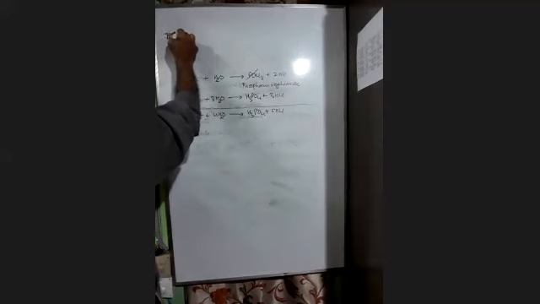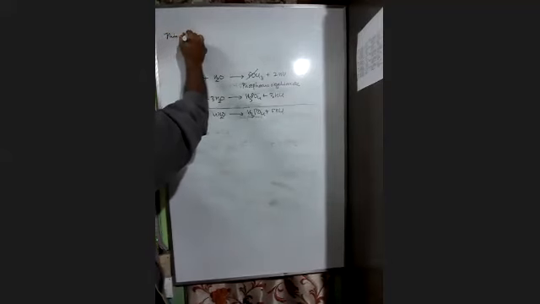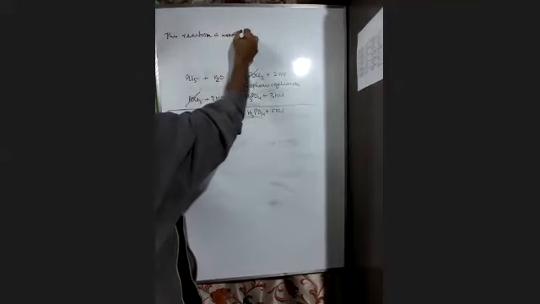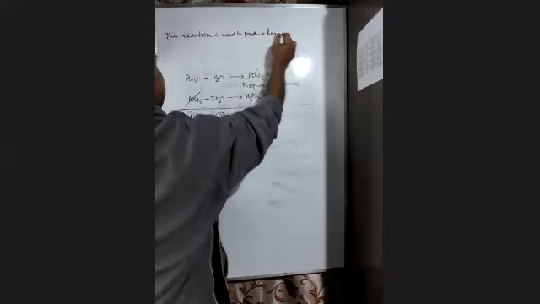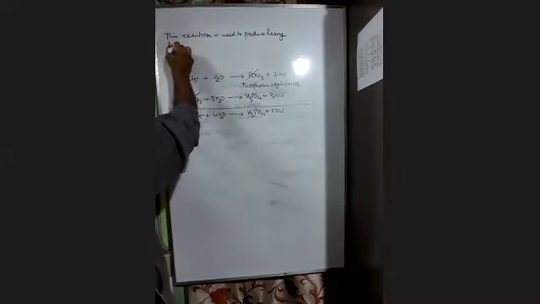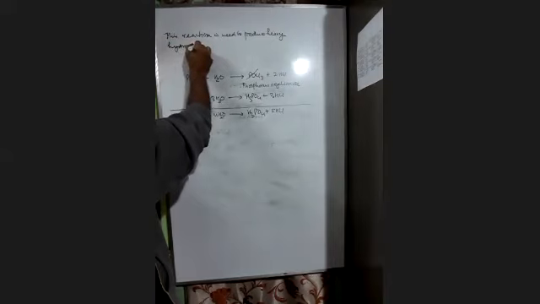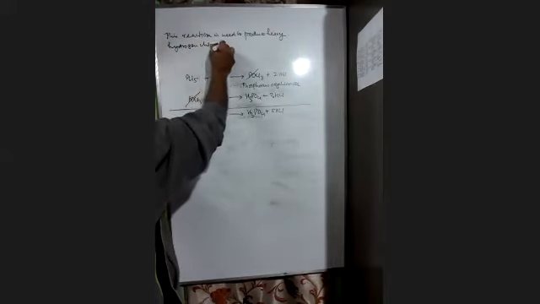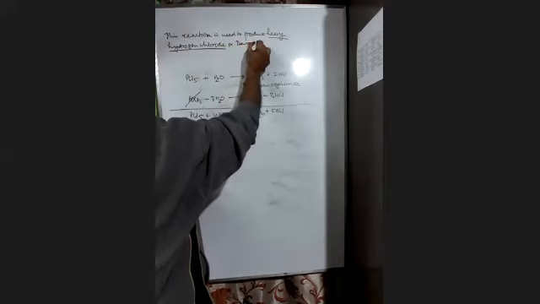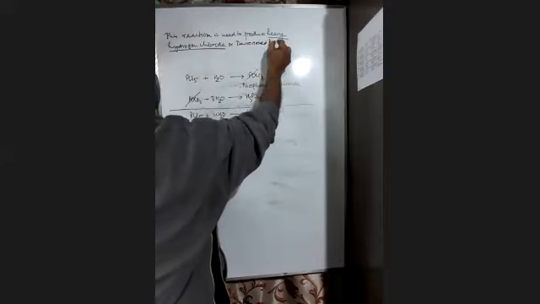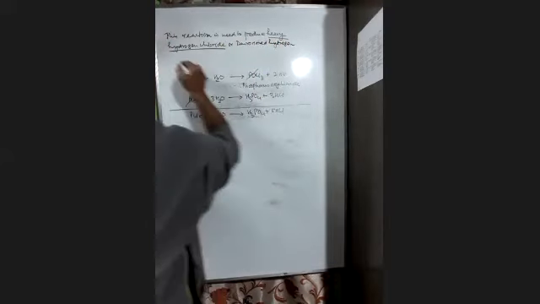Okay, now here we'll write. This reaction is used to produce heavy hydrogen chloride. Remember, heavy hydrogen chloride or deuterated hydrogen chloride.